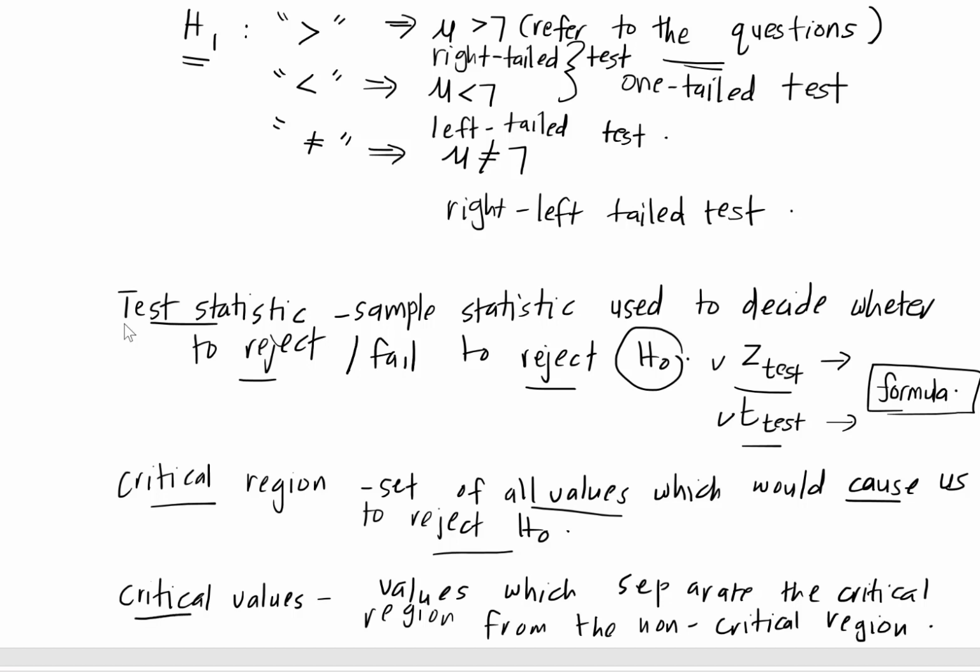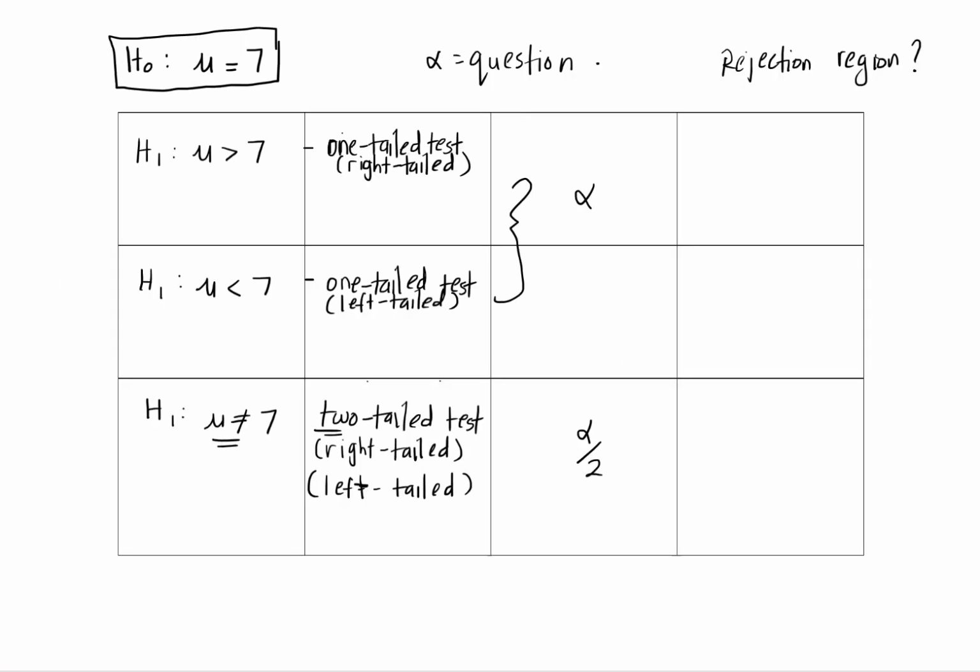Okay, the critical value is the value which separates the critical region from the non-critical region. So we look at this definition. Now let's say we are given alpha equal to 0.01.